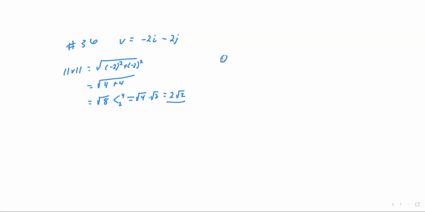All right, now when we look at theta, this would be tan inverse of v2 over v1. So that's negative 2 over negative 2. When you type that in your calculator, you get 45. The issue with this answer is that negative 2 falls in this category.